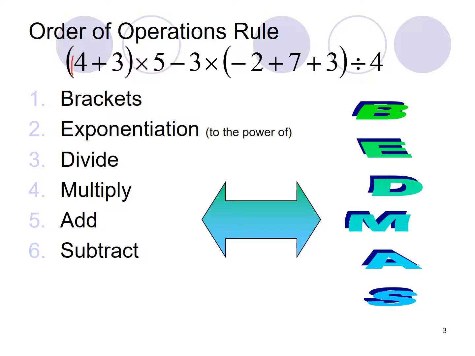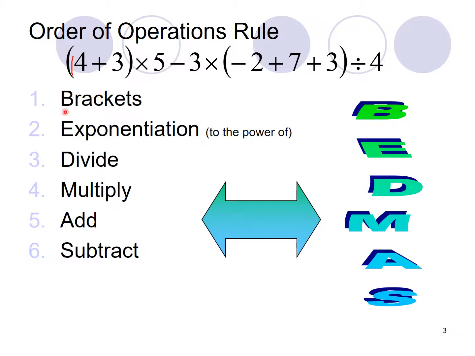Okay, so up at the top here we have a calculation, and you'll notice that it's got a number of brackets inside it. It's got multiplication signs, addition signs, division signs, brackets, and positives and negatives. So it's really important that this is calculated in the correct order. The first thing that needs to be done is anything that's in brackets.